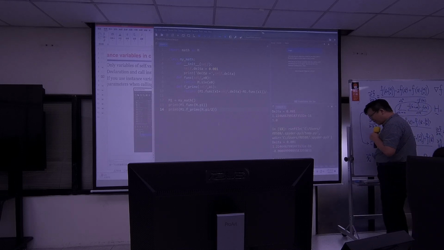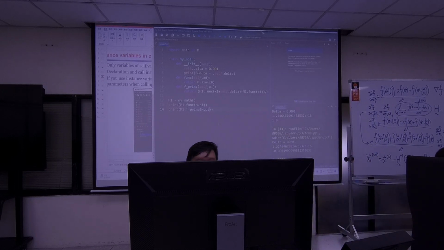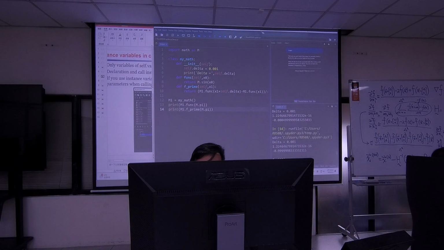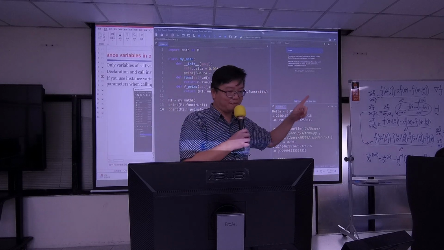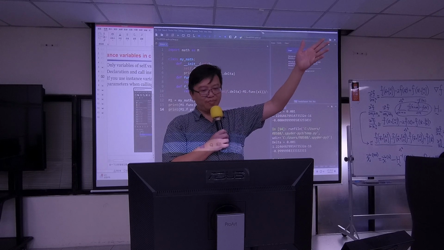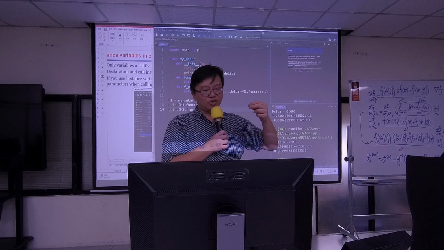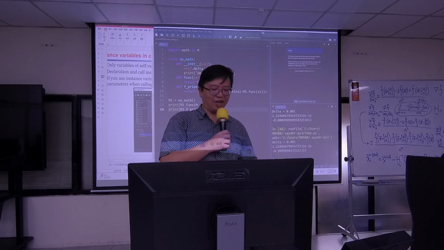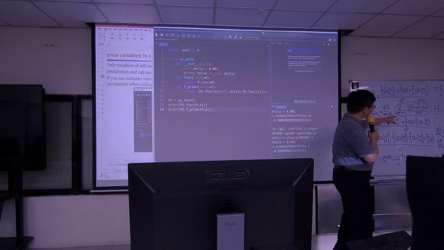So let's see if that's -1. So if I plug in sine pi, you see the value is -1. But I never compute cosine. I never use function m. I never use the math library. I truly compute the derivative of sine using the definition of calculus.